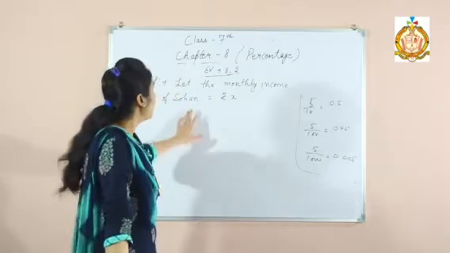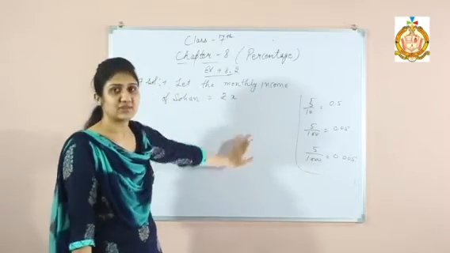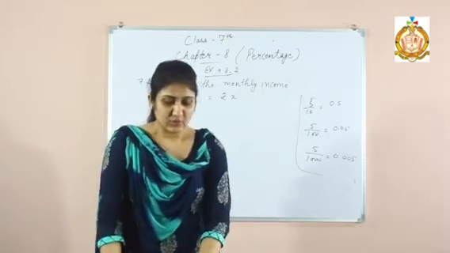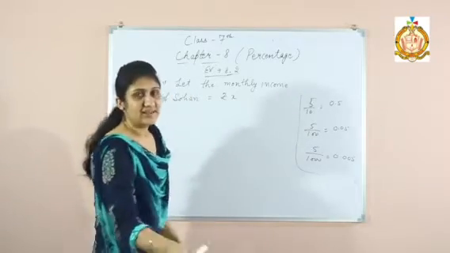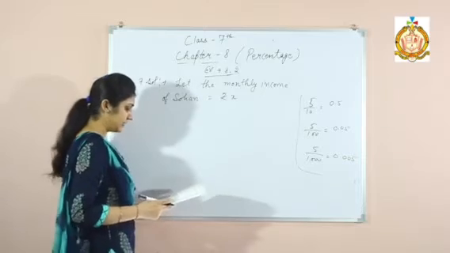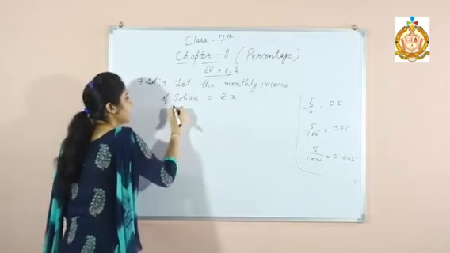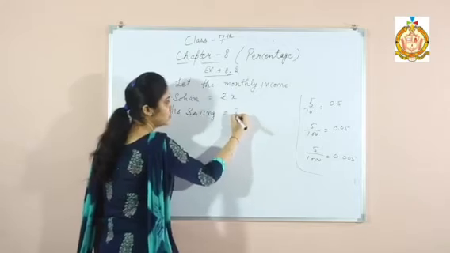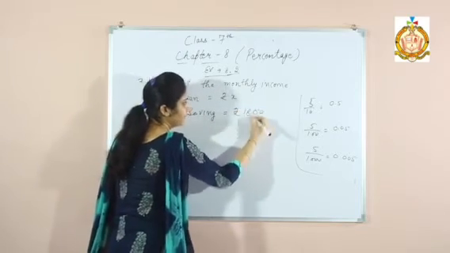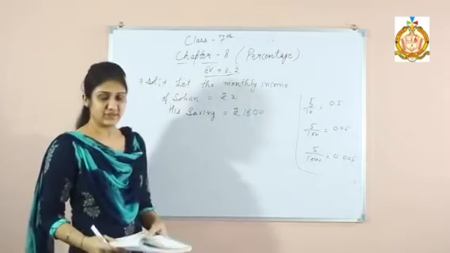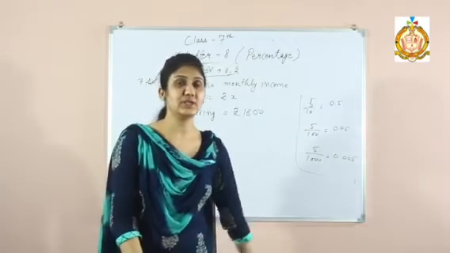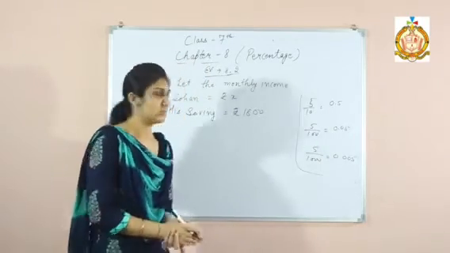So we assume that his monthly income is rupees X. What we have to find? We will assume it is X. Now what is given else? It is given that his savings are rupees 1800. So we are given his savings rupees 1800, and this rupees 1800 is 20% of his income.